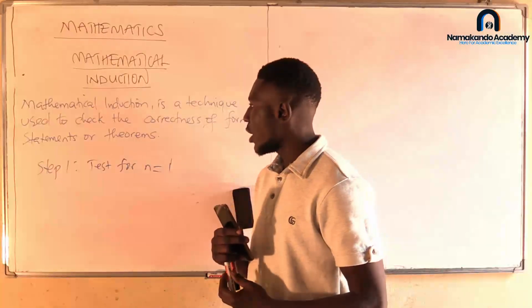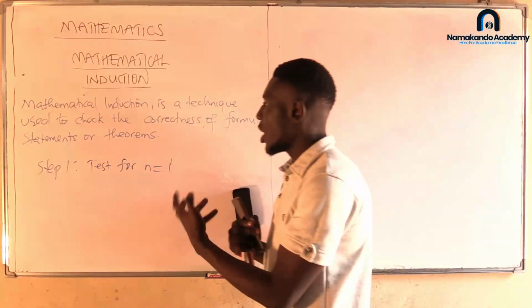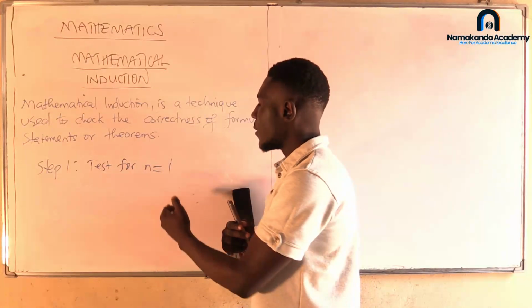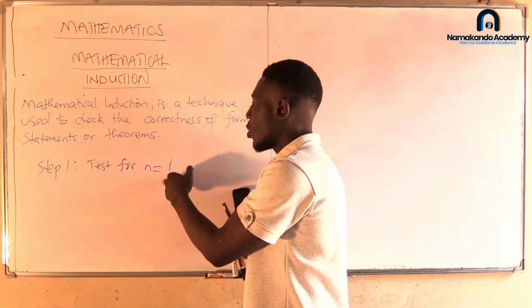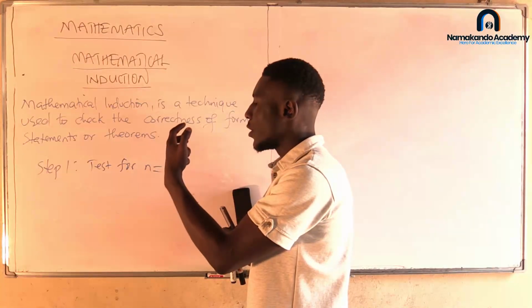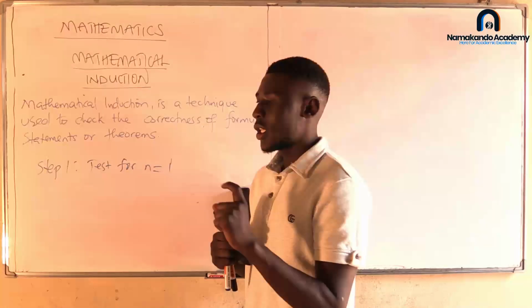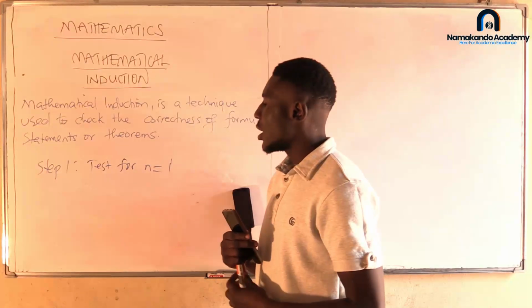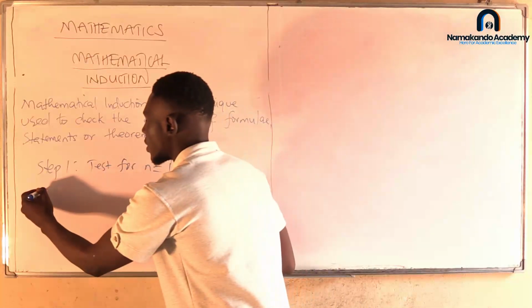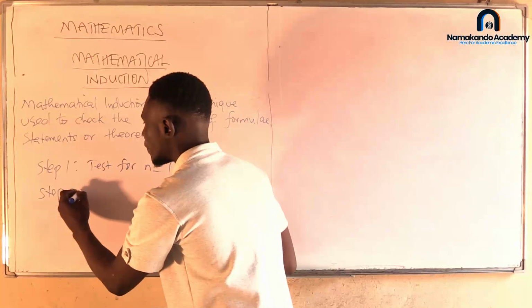Meaning that you get your n, which is a natural number in most cases, substitute it with 1 and see if that will hold for the given statement. If it does, then you proceed to the second case, which is step 2.